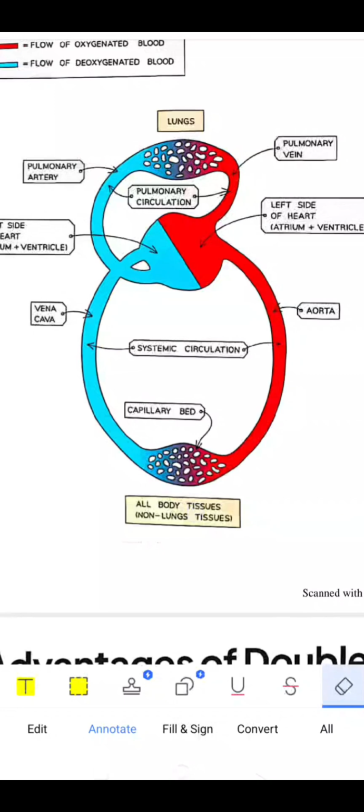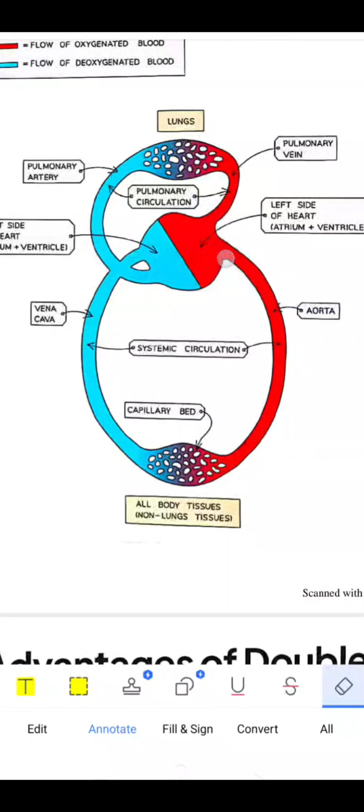Okay, now one more thing you need to note, that the diagrams are the mirror images. For example, this side is actually the right side of the figure, but the right side of the figure is representing the left part.